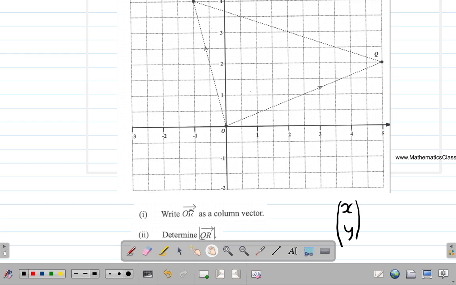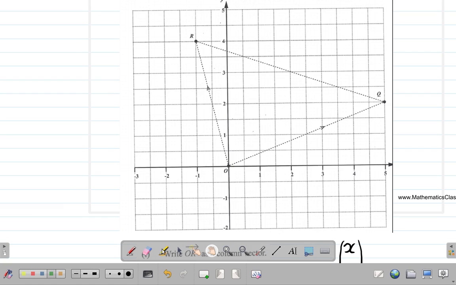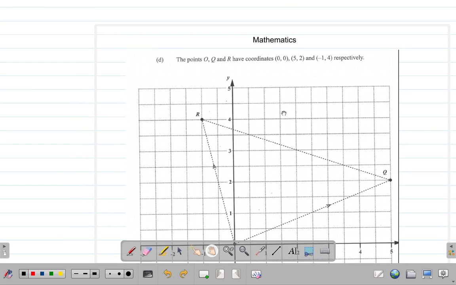I said QR, it's OR. Now OR is this vector here. OR runs from here up to here. That is the vector you're going to write. Now, R is above negative 1 and 4, and as you can see, it's written in coordinate form as negative 1, 4.